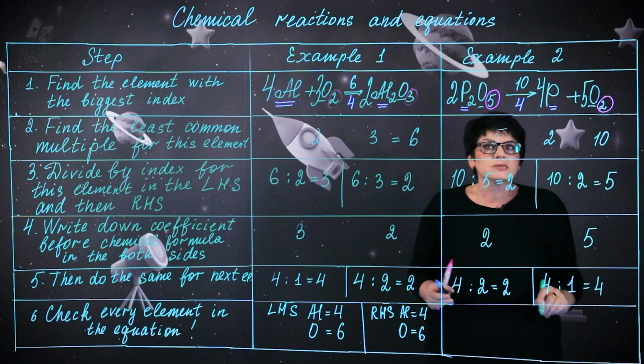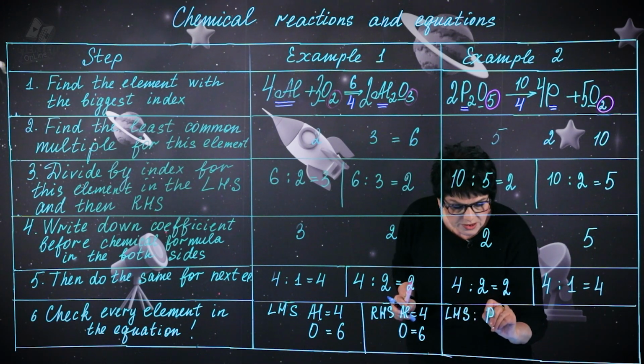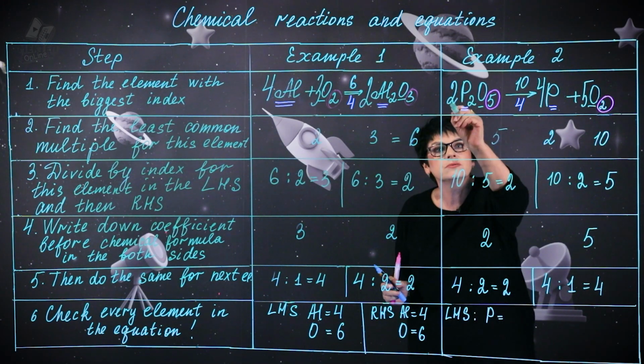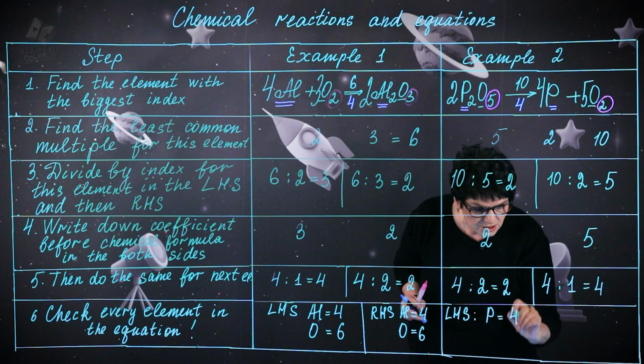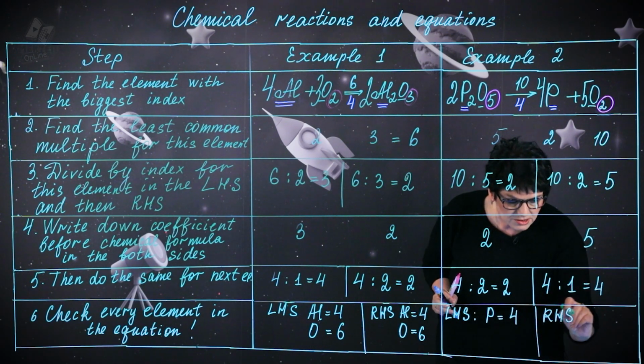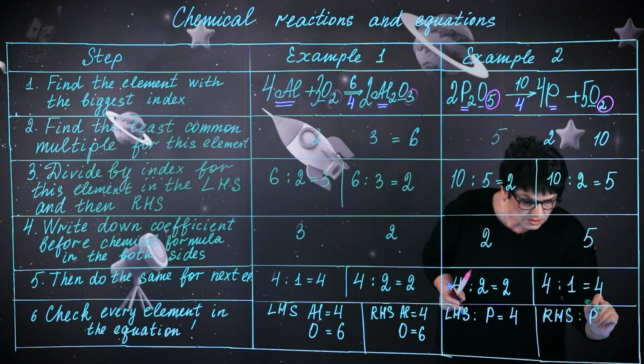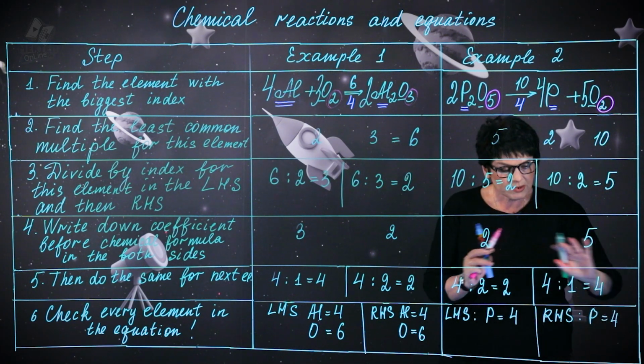Now, let's verify and make sure. Okay, let's focus on the left side. In this particular case, phosphorus is 2 multiplied by 2, which gives us a total of 4. And simultaneously on the right side, we also have phosphorus. Therefore, the product of 4 multiplied by 1 is still 4. So, phosphorus is in balance.